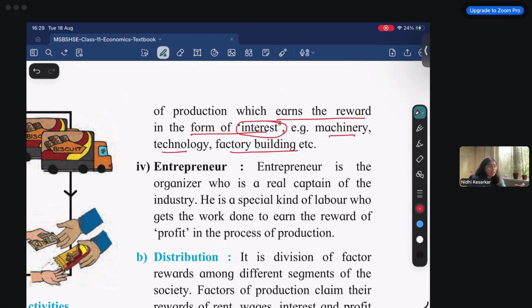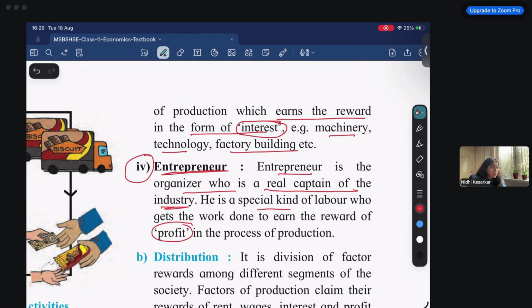And the last factor of production is entrepreneur. Now, entrepreneur is a type of labor itself, but entrepreneurs don't earn wages, they earn something called profit. So, entrepreneur is an organizer who is a real captain of the industry.